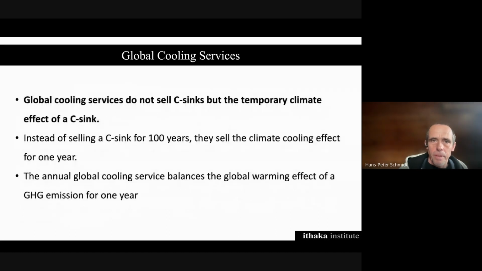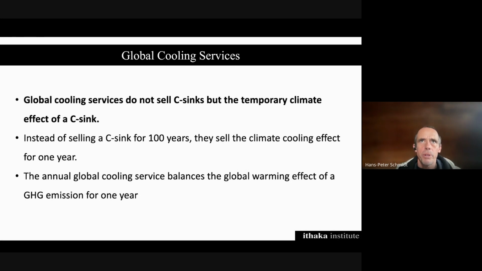So the global cooling services, as we call this, is really the climate service. So you pay, let's say, the energy that's needed to cool down the effect of a specific emission.